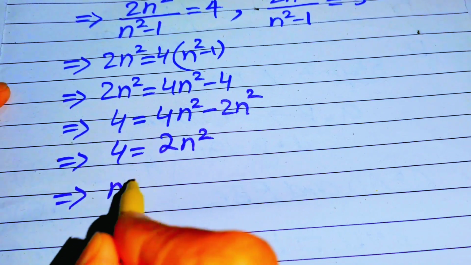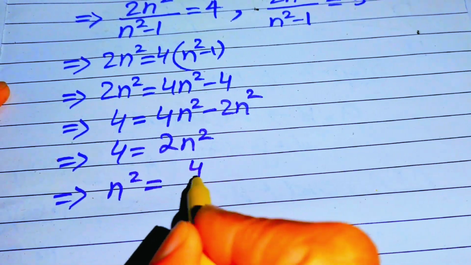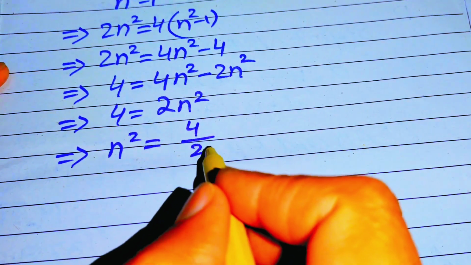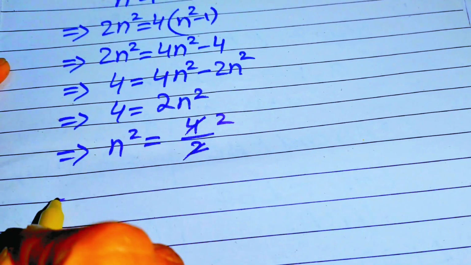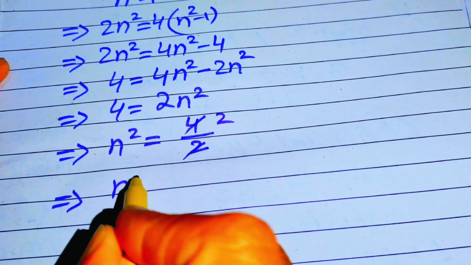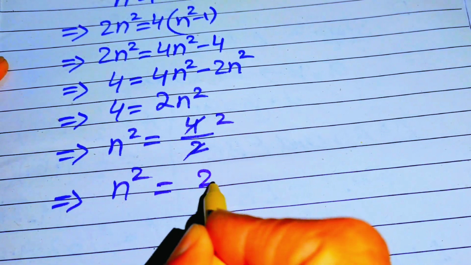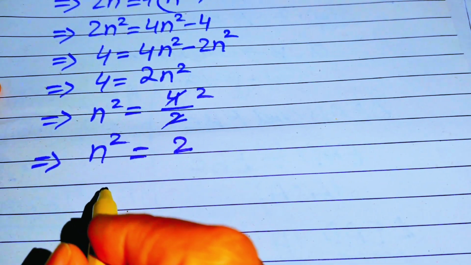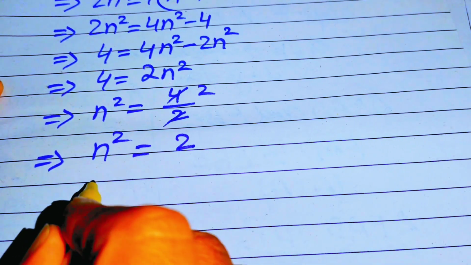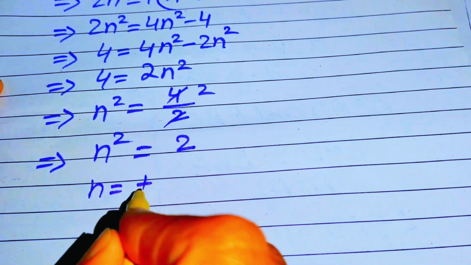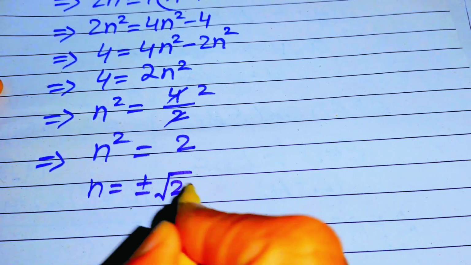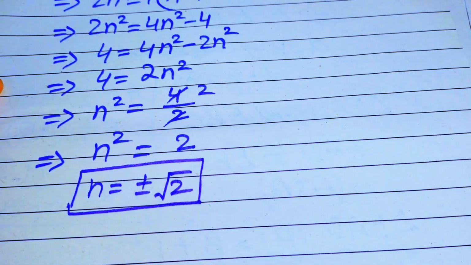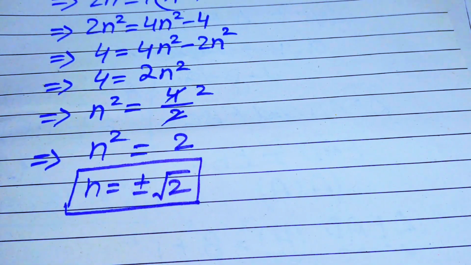In that case we have n square equals to 4 over 2, and we cancel these terms, 2 times 2 is 4, and you get n square equals to 2. And now we take the square root on both sides and you get n equals to plus minus square root of 2. So these are the first two real roots of the given equation.